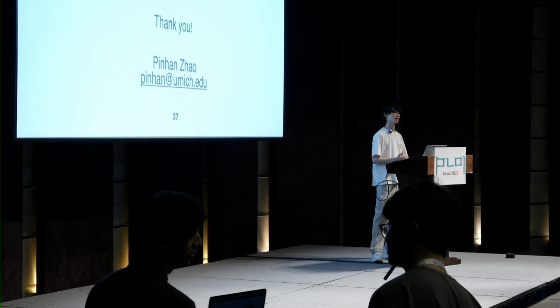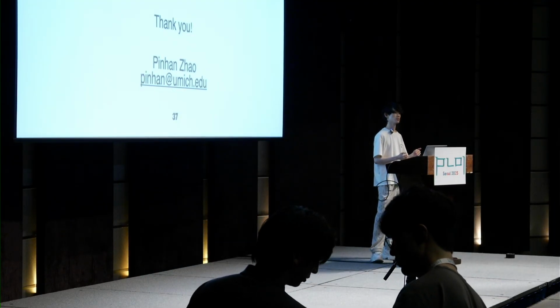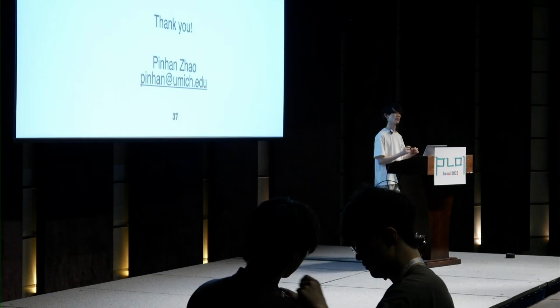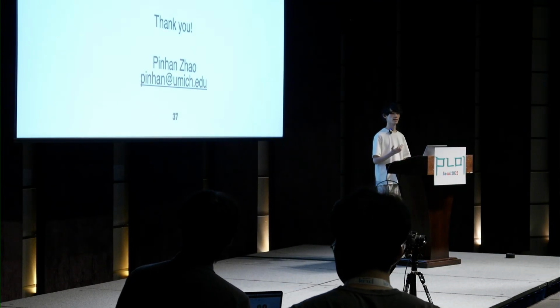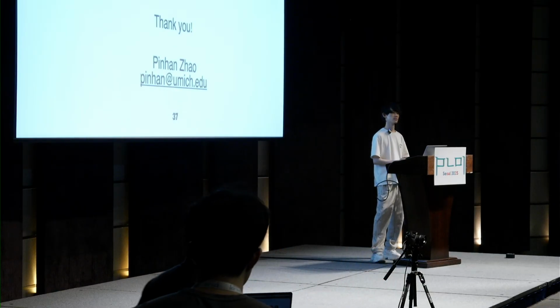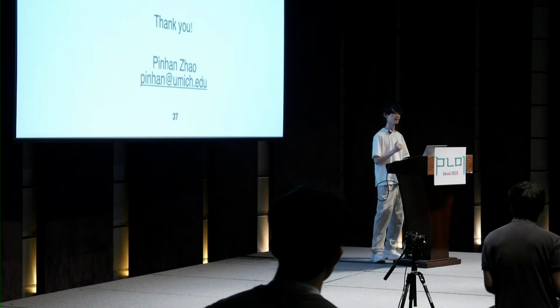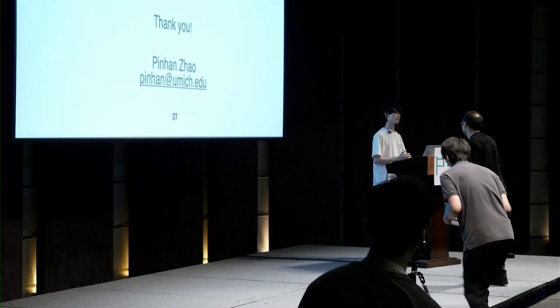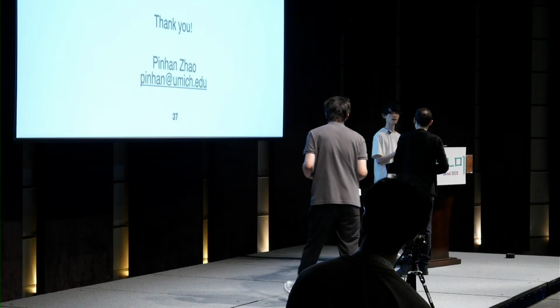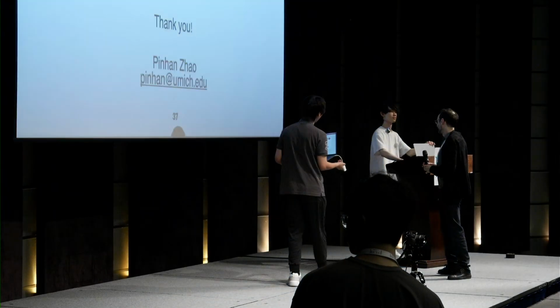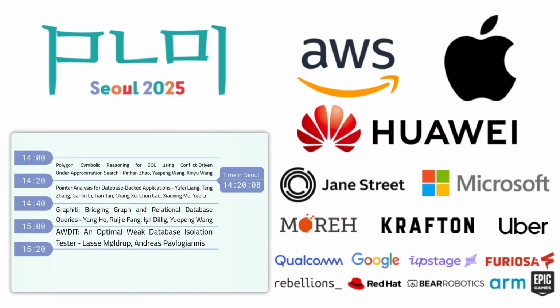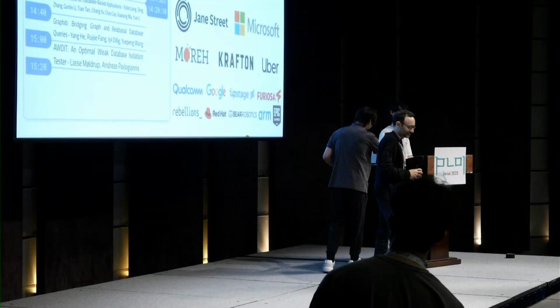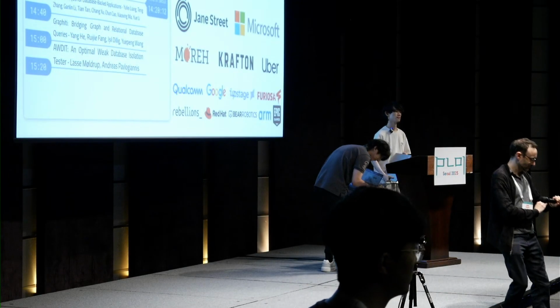So for a filter, the under-approximation is represented as a one-dimensional array. And for joins, the under-approximation is a matrix. And the meaning of the under-approximation for different operators is defined differently. So basically, we have different definitions and different representations for different operators. Okay, thank you. Thank you so much.